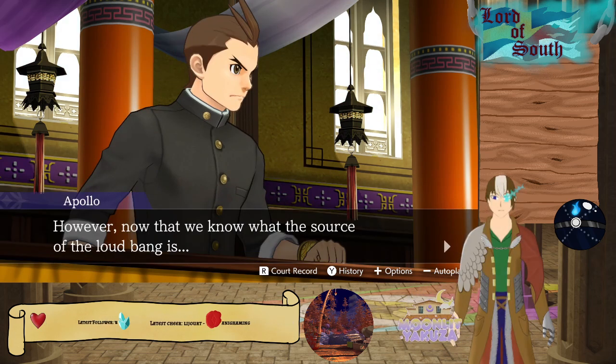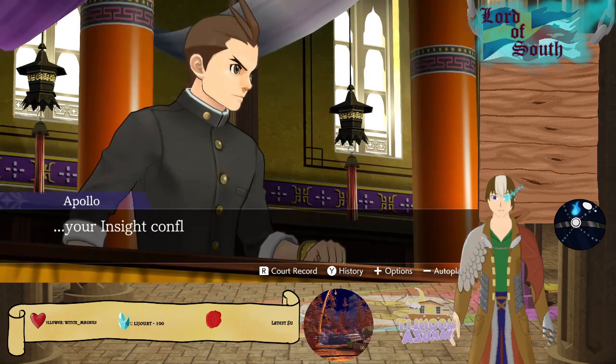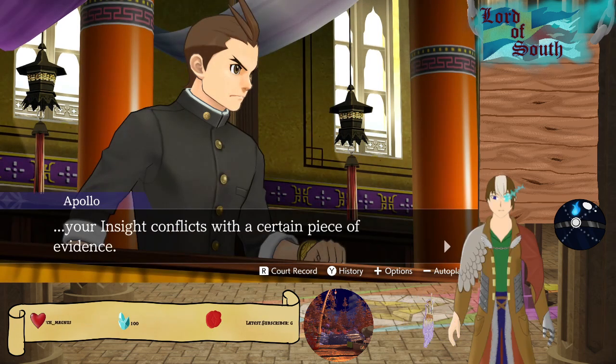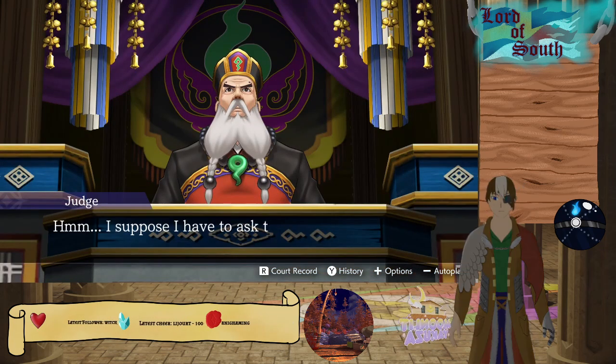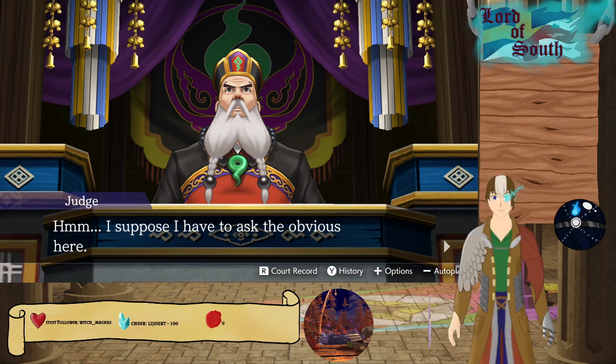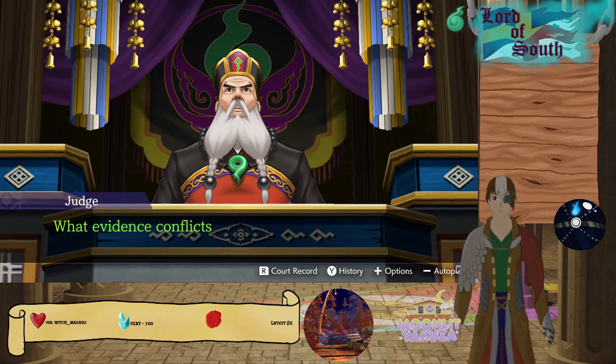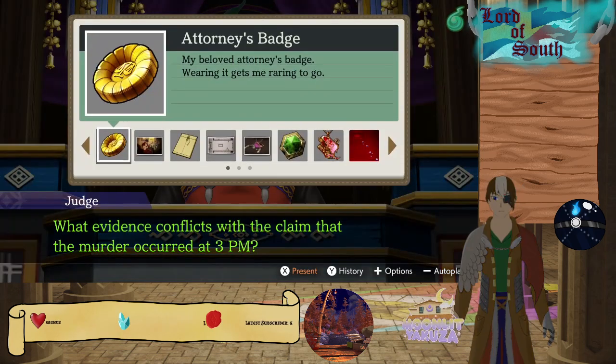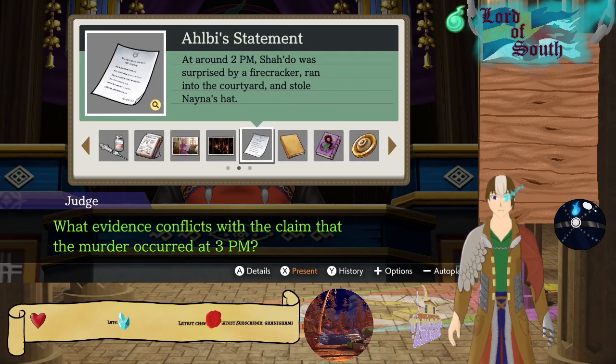However, now that we know what the sound of the loud bang is, your insight conflicts with a certain piece of evidence. I'm pretty certain we have used his statement at least 3 or 4 times now. I suppose I have to ask the obvious here. What evidence?